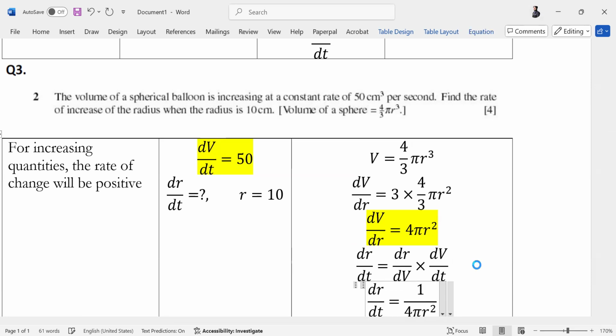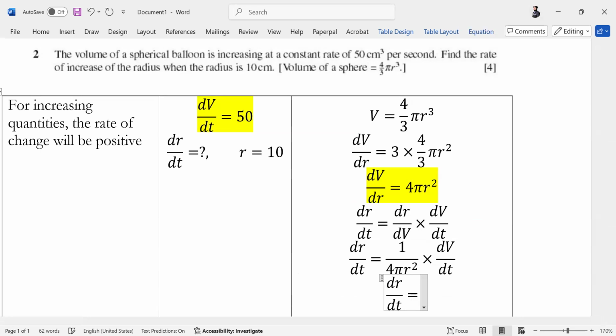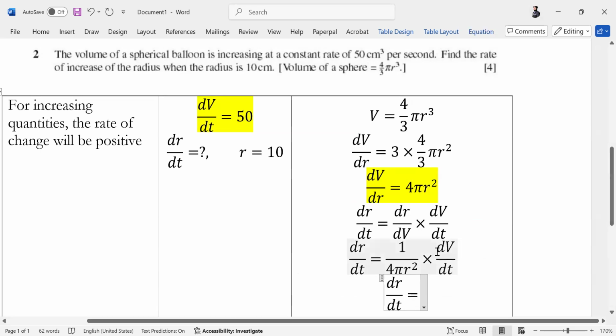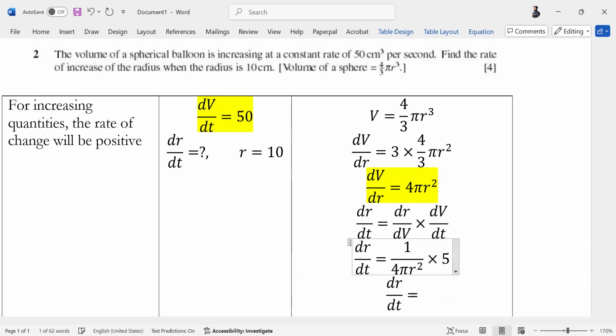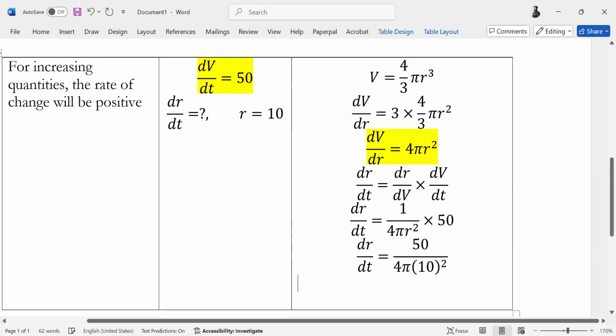Do not worry, you can just reciprocate it. Now you can just plug in the value. So dv by dt, we know the value, it is 50. So this is 50 upon 4 pi, radius is 10. Is this clear now?